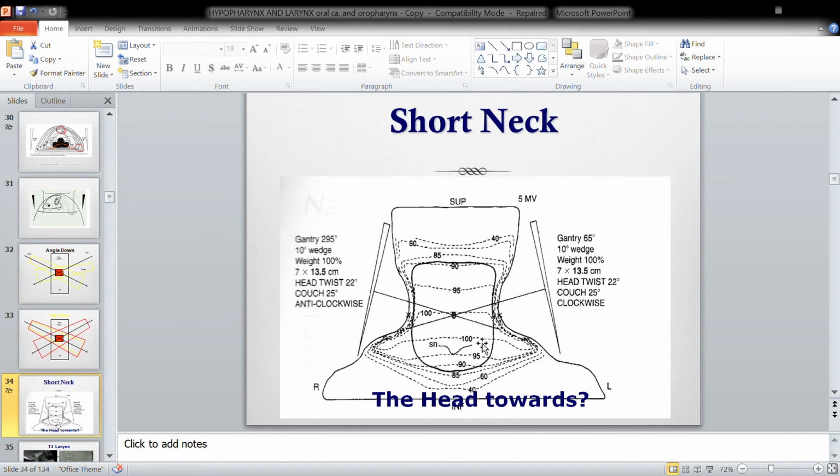If there is a shoulder when you treat a hypopharynx or lower neck, if you remember when we talked about the couch movement to open the shoulder, we move the couch towards the head of the gantry to open the shoulder. When you move the couch toward the head, you also have to open the field up and down. Otherwise, you will compromise your target.